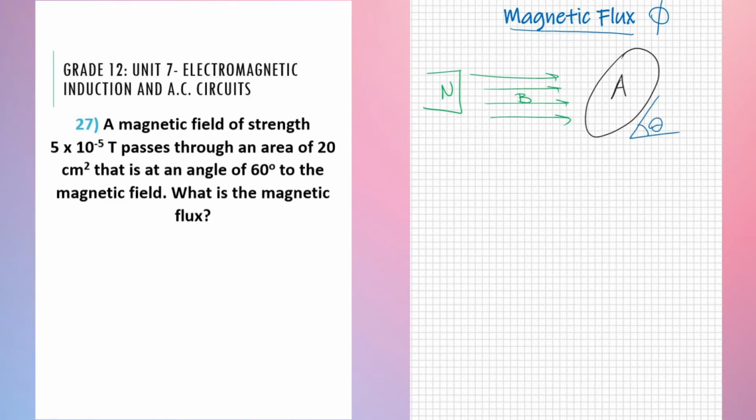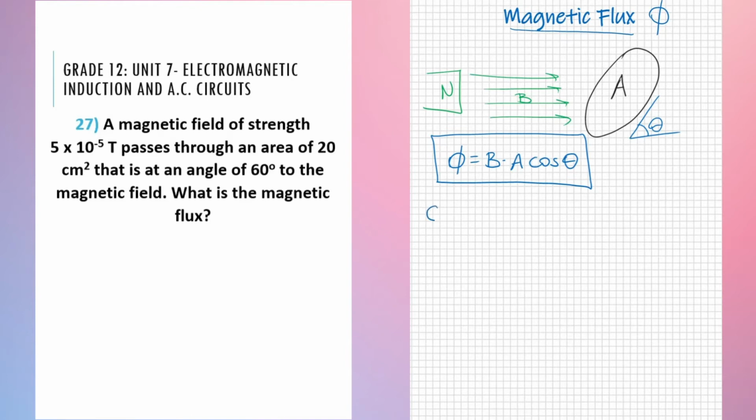So the formula to calculate magnetic flux is given by phi is equal to B times A times the cosine of theta. So this representation is a very excellent way to describe the effect of a magnetic field on a certain area. So magnetic flux is a very important quantity whenever you're trying to discern the effect of a magnetic field on different bodies. So let's move back to the question.